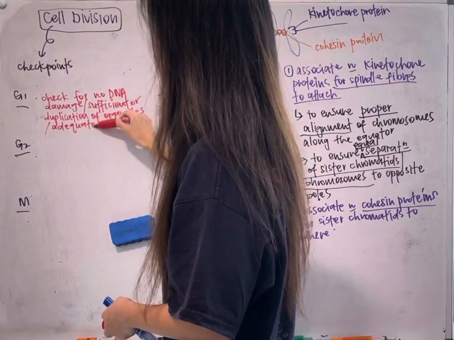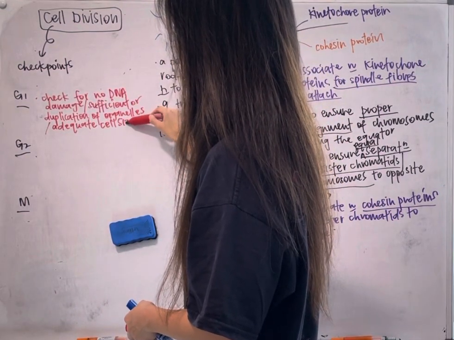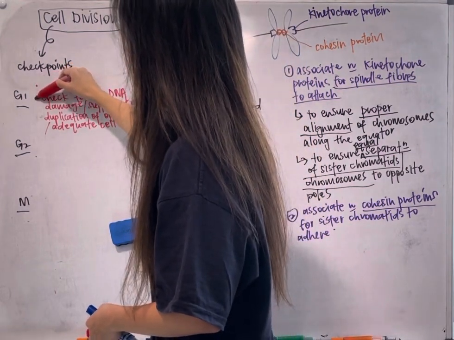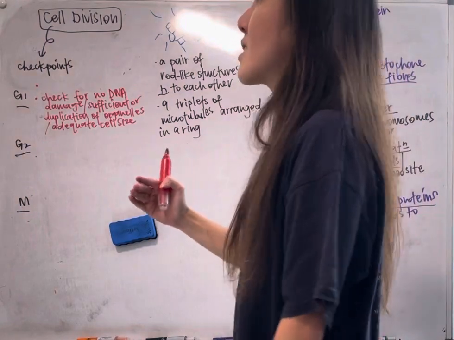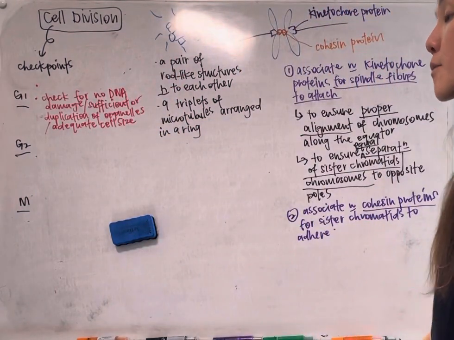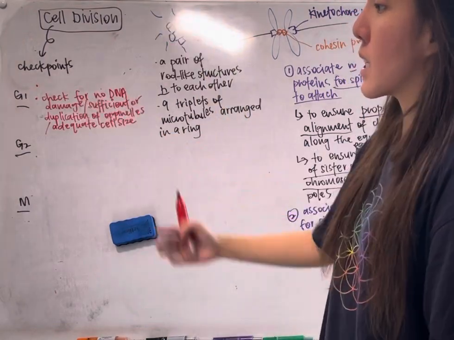But the second role for G1 is what, Ashley? What's the second role of the G1 phase? What will stimulate cell division? There must be presence of... what is the ligand that will stimulate cell division?